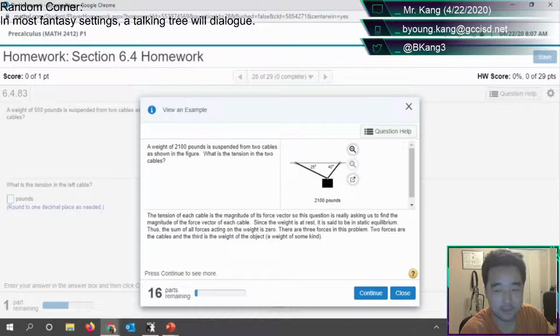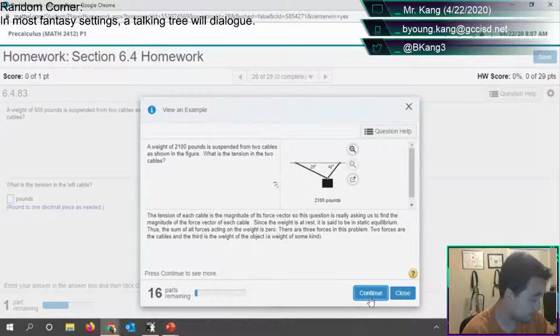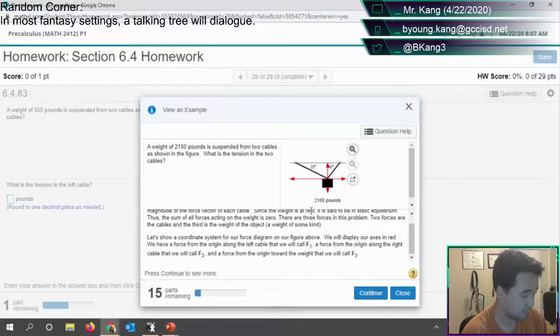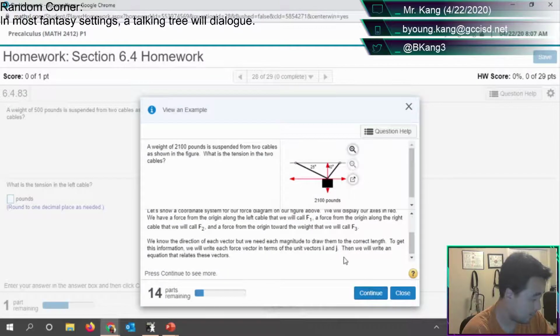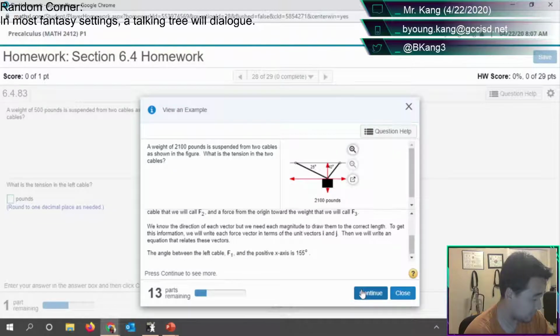Because, again, I'm kind of taking it from the physics slant, which I really shouldn't do because I can't assume you've taken physics. But yeah, so they're breaking this up into left and up. They're breaking this up into right and up, and then you've got the weight, and this one is 2,100 pounds. Vectors in terms of I and J. Yeah, so they're doing exactly what we just did.